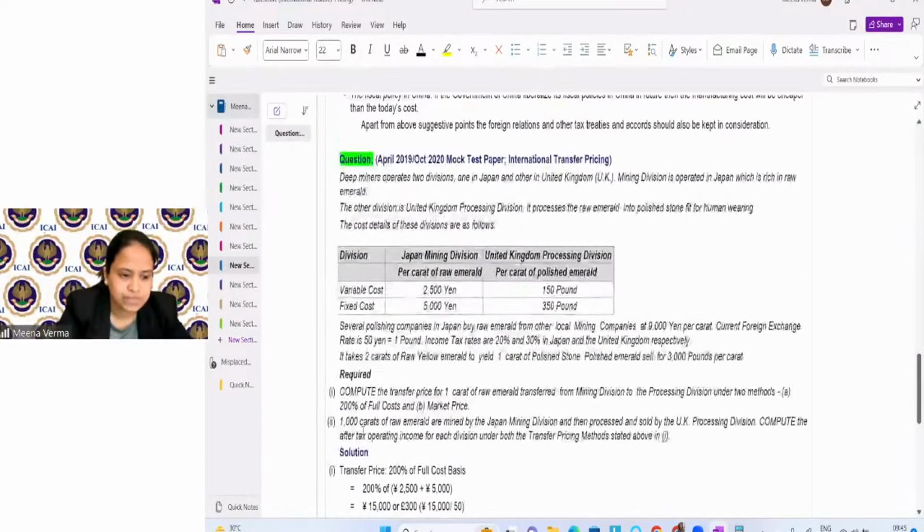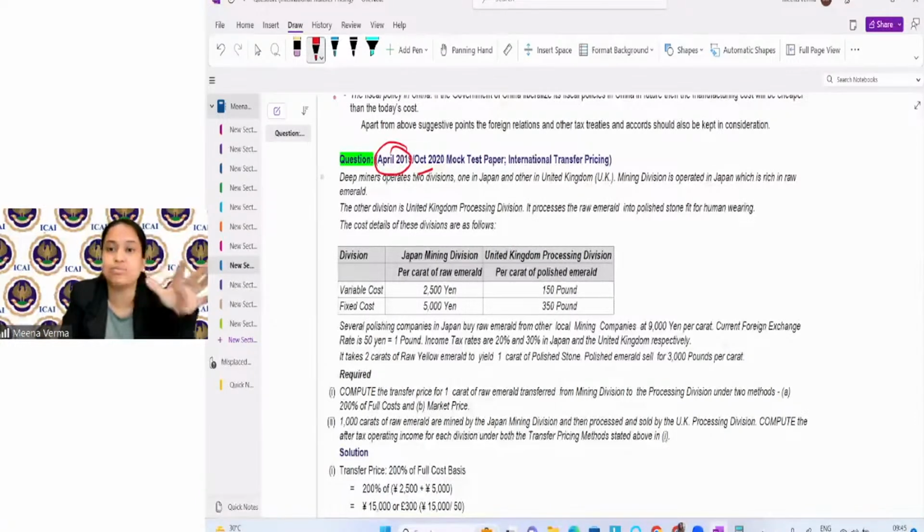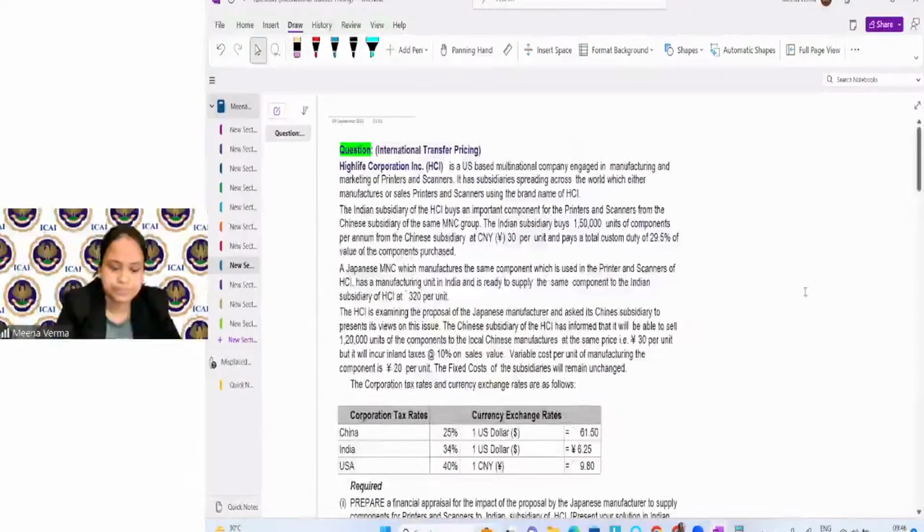Okay, so we have this question, which has already come in the April 2019 exam. The question we have just done was an exam question. It came in your exam, and you can imagine 10-15 marks is free marks, right? You can get it very easily, right? It was in the mock test paper.